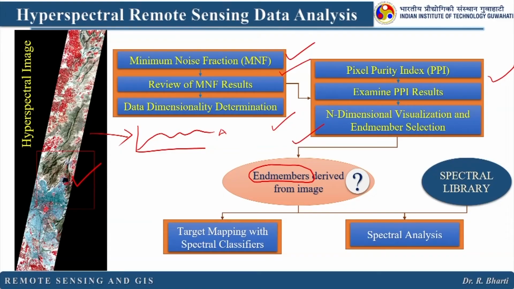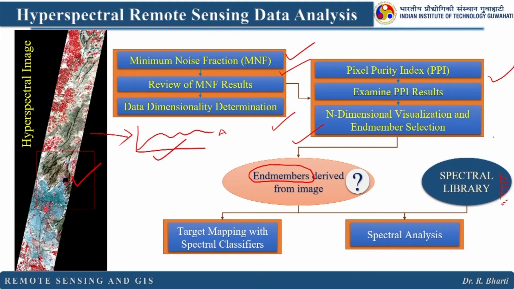We save it in a library, and when the time comes to analyze the end members extracted from the image, we use such libraries and try to match the spectral library spectra and the end member derived from the image in different proportions. So here you mix the spectral library spectra in different proportions and then try to match with this.